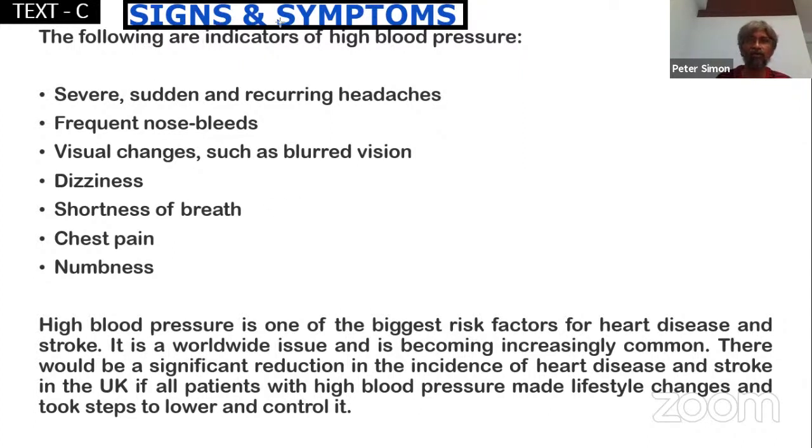Indicators is the key word here. That means signs, symptoms, prompts, cues, suggestive of, identifiers. You identify with these things. Okay, that is how it is going to be.